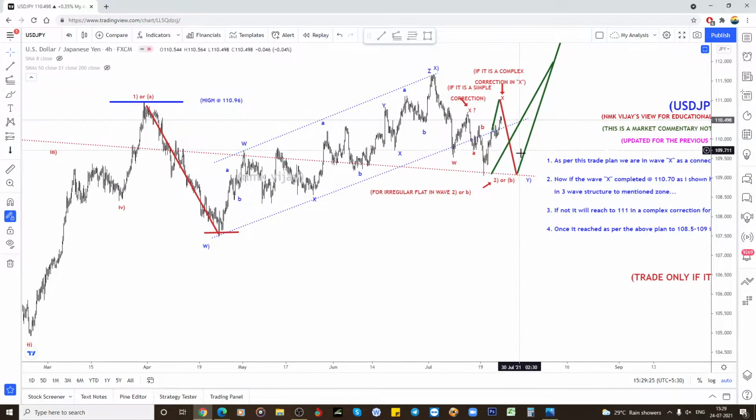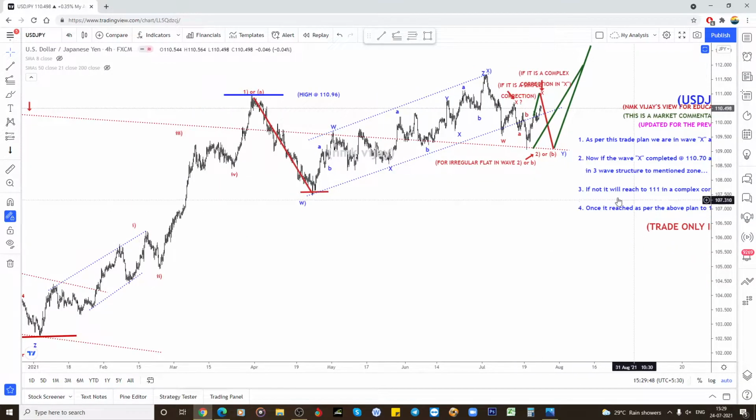But simply, I have explained here that from here it can bounce if it is a simple correction. Otherwise, if it is a complex correction, this is W, this is the X, A, B, C, so this Y could be like this also. Otherwise, if it is an expanded flat, it could break this low also and trigger all the sell orders. And then immediately from here, the institutions and the big players will buy, and this is the accumulation zone. After this, it will bounce.